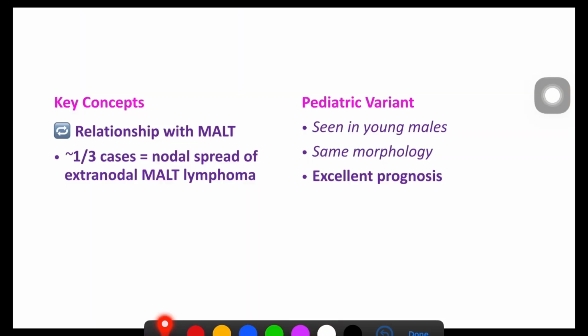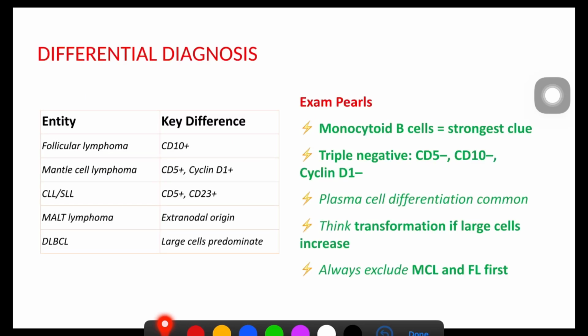So what is the relationship with MALT? Maybe in one third of cases it may spread to an extranodal site and give a MALT lymphoma, and in the pediatric variant in young males there is the same morphology but the prognosis is excellent. So how to differentiate it from follicular lymphoma and mantle cell lymphoma?